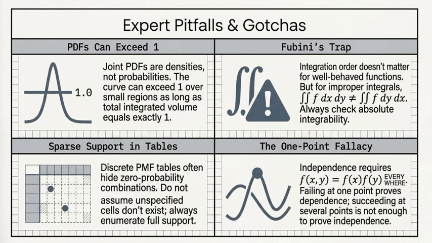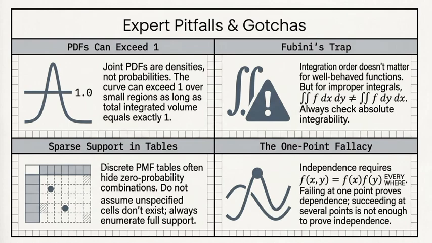The second thing is that f of xy can be greater than 1. It is valid, same as the 1D case which we discussed in the last video. A joint PDF is a density, not a probability. It can exceed 1 over a small region as long as the double integral equals 1. Next, order of integration matters for improper integrals.